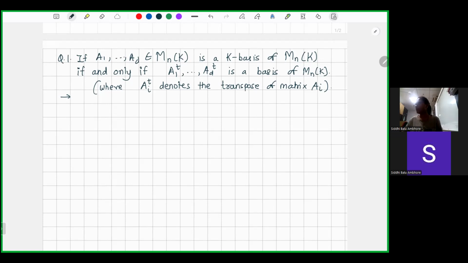Okay, so let us start with the proof. First thing, note that this M_n(K) is an n square dimensional vector space.